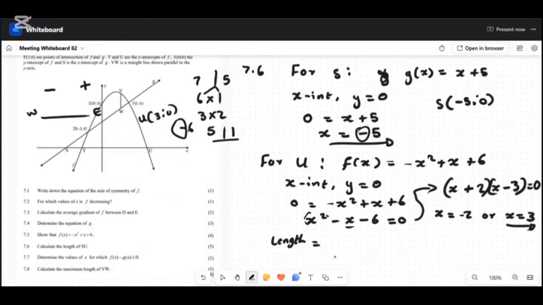So you can simply do 3 plus 5, which gives you 8. Or you can write length is equal to 3 minus (minus 5). This is what most teachers are going to advise you to do. Eventually, it gives you a length of 8.